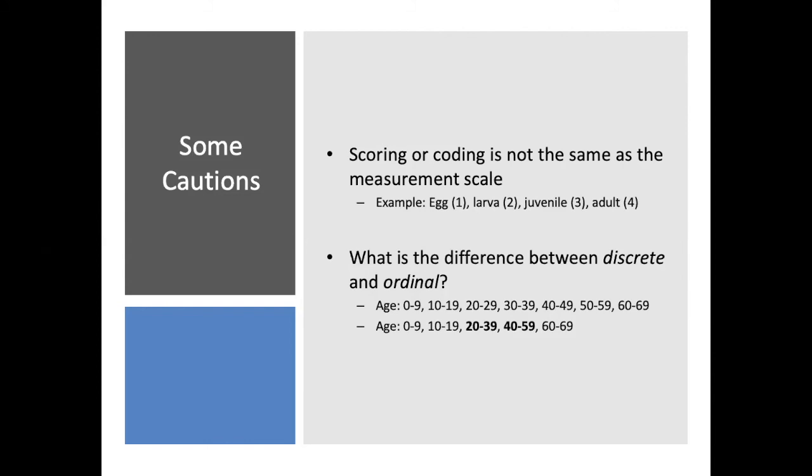Now we've got 5 categories of age, but they don't correspond to a discrete numeric variable. The reason for this is that although the categories fall in a logical order, the interval between adjacent categories is not consistent. We have some categories that correspond to decades and some that correspond to 20-year intervals. As a result, we no longer have a fundamental characteristic of a discrete numeric variable, which is that the interval between adjacent levels always remains consistent.